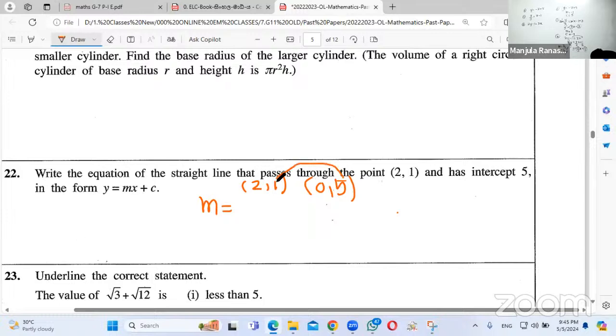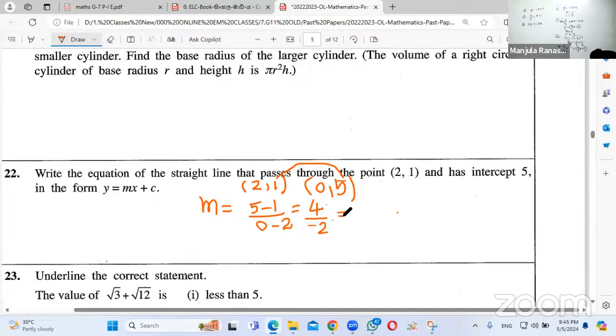Subtract in this manner. Be lazy. 5 minus 1 divided by the same direction, 0 minus 2. Right. Then 5 minus 1 is 4 divided by 0 minus 2 means negative 2.